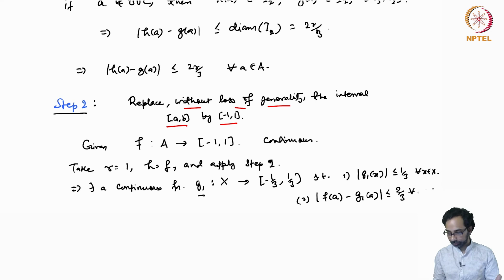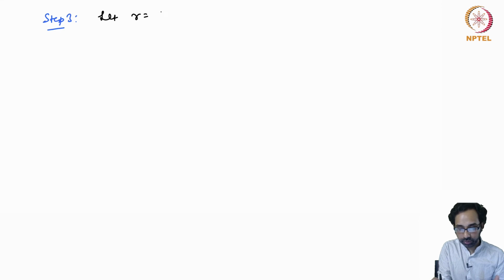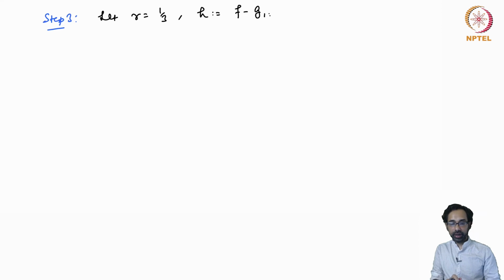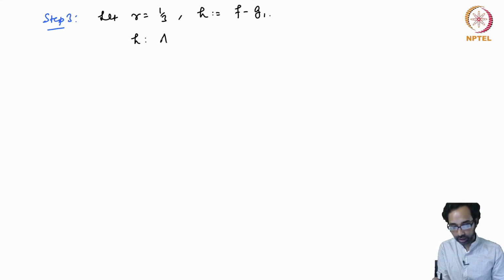And similarly in step 2, let r be equal to 1 by 3 and h be equal to f minus g1. Then h is a continuous function from A to the set [-1/3, 1/3], so this is [-r, r].